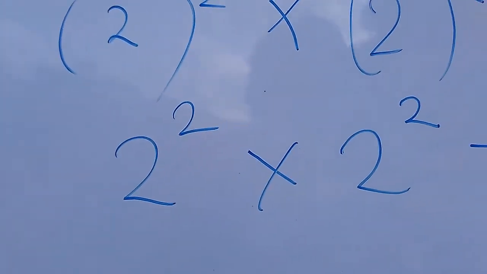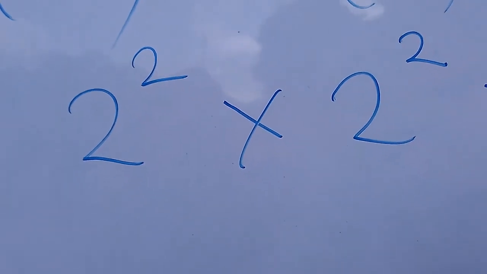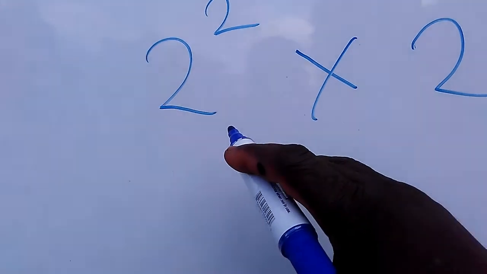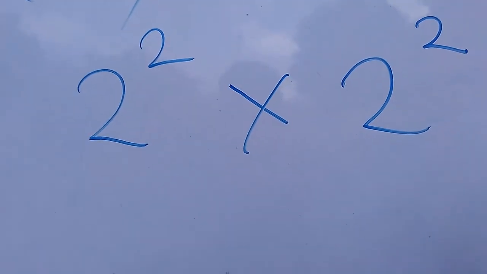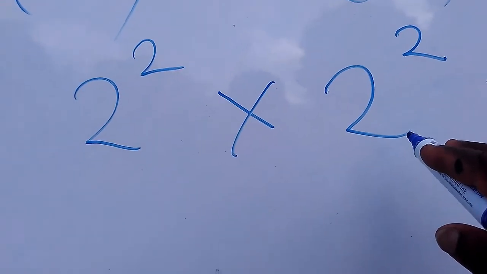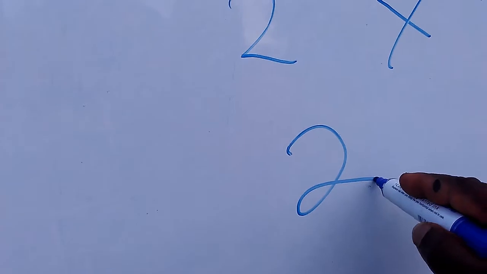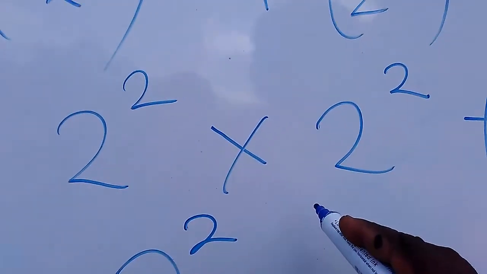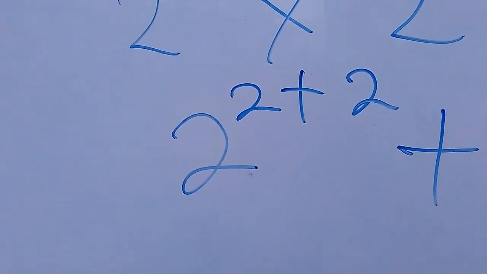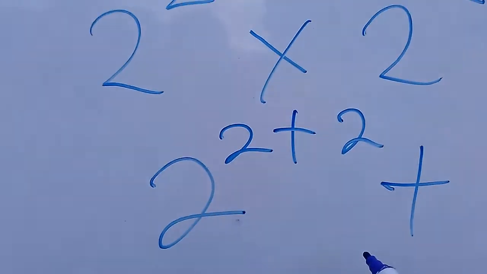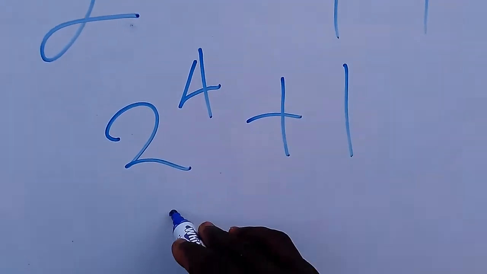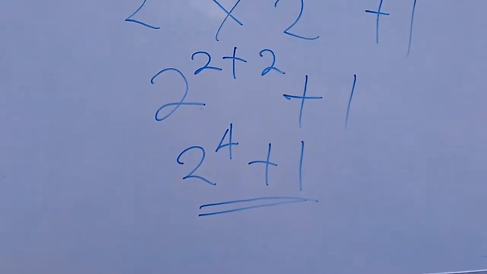So since we have brought the numbers, the indices together, and the numbers are identical, here we can apply the first law of indices. So we now have 2 plus 2 plus 1. So we now have 2 raised to the power 4 plus 1. So this is our answer.